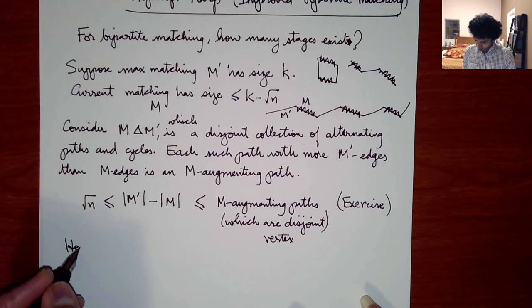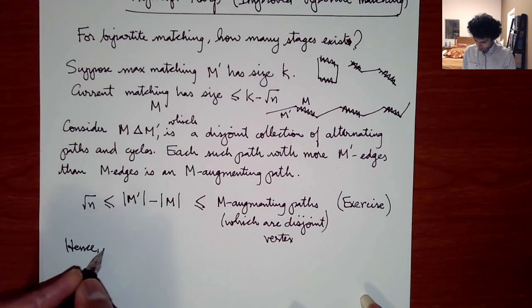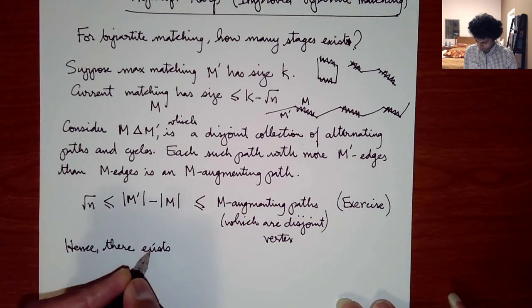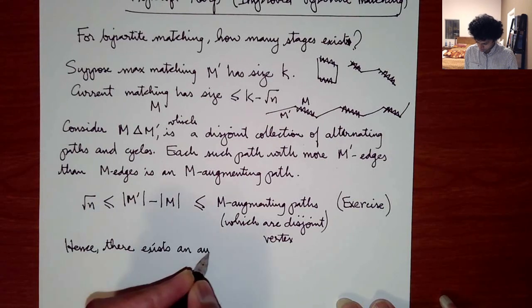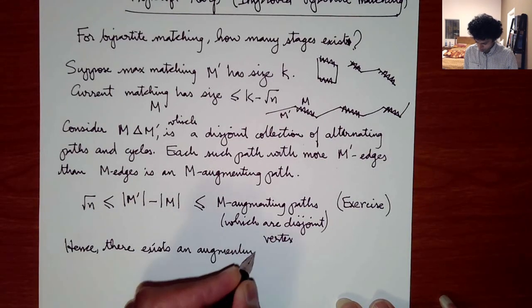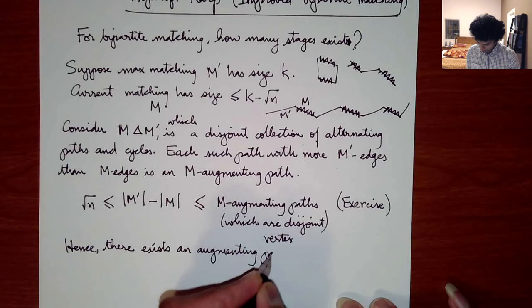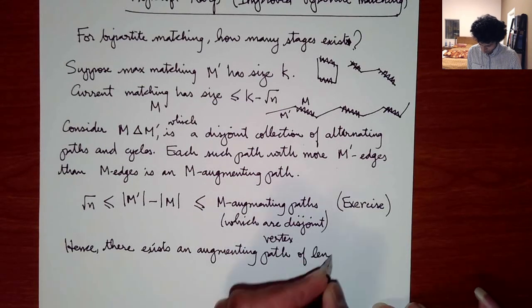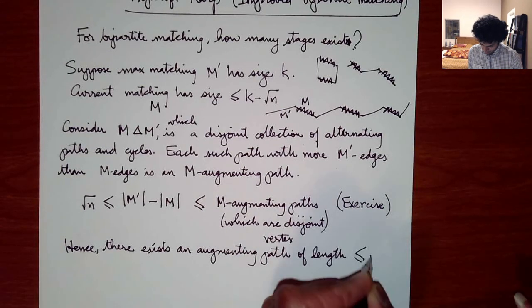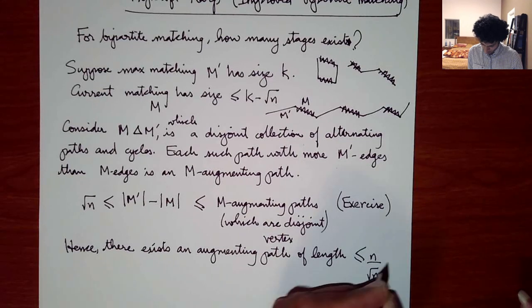Hence, there exists an augmenting path of length at most n divided by root n, which is root n.